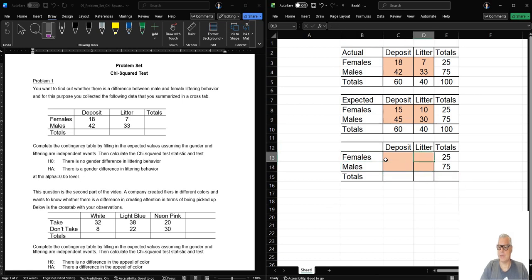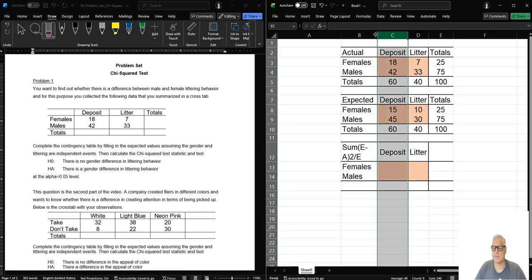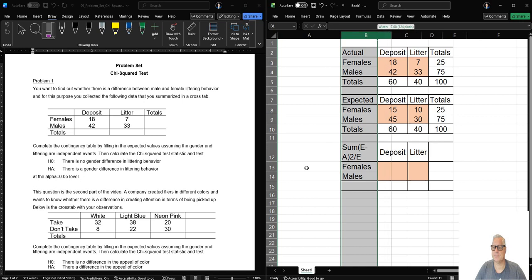So we don't need the border here, actually I can delete that. So here we calculate the sum of expected minus actual squared divided by expected. So let's fit to content again.